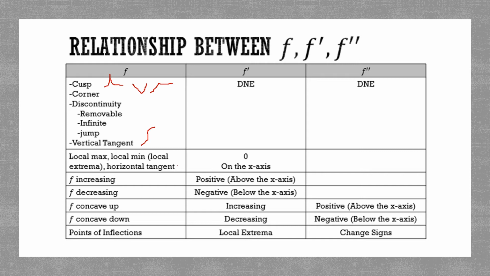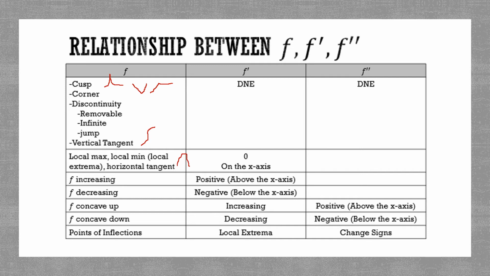And so at this x value, the derivative would be 0. And so 0 will be on the x-axis for the first derivative. It's an x-intercept. Same is true for a horizontal tangent, which is kind of what this picture looks like here, because I drew it a little flatter than I meant to. Any place where it's horizontal, that's a slope of 0. And so that will be on the x-axis in the first derivative.